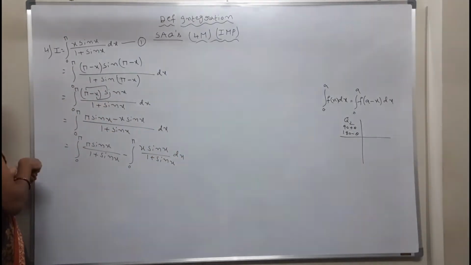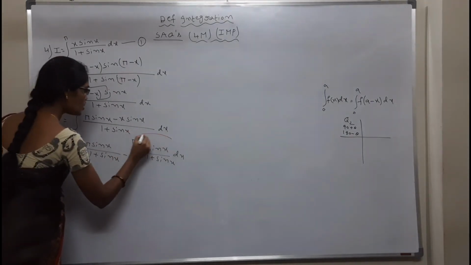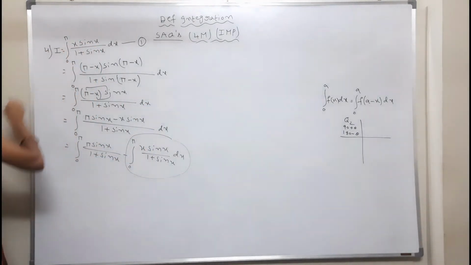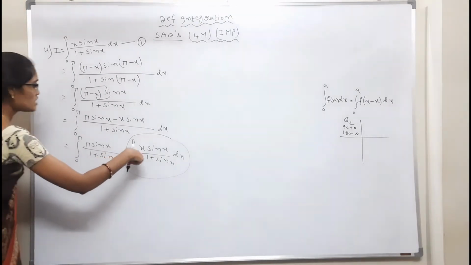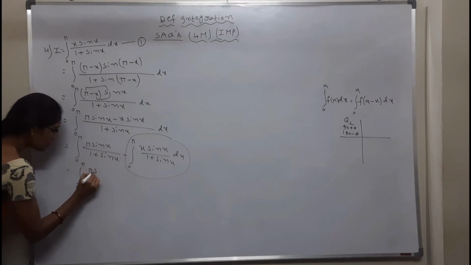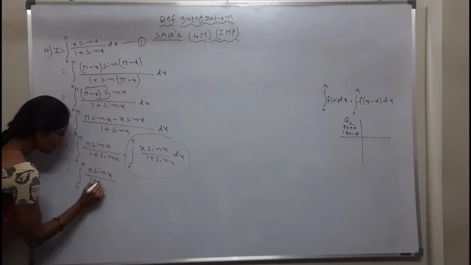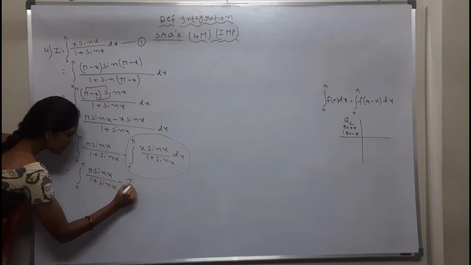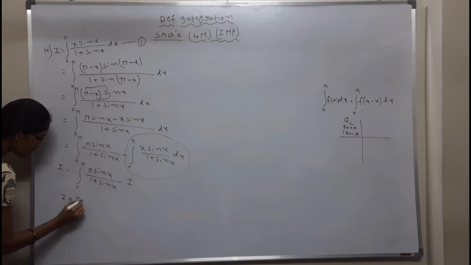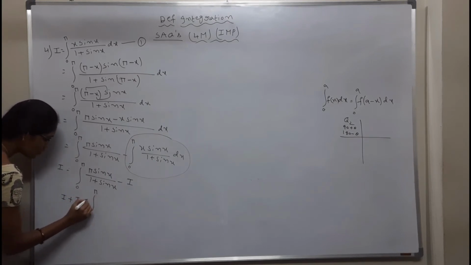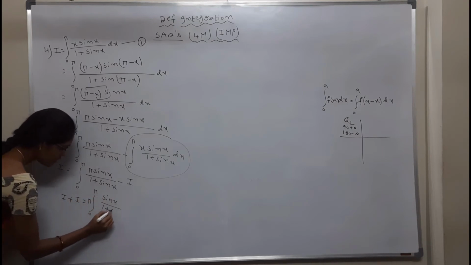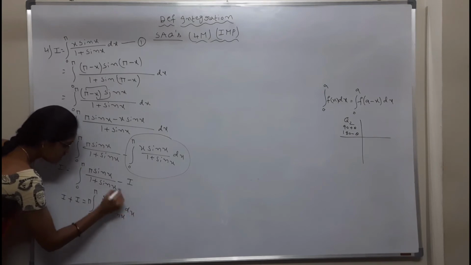See here, this total integral is our question. So our question is consideration I. In this place I am substituting I. So integral 0 to pi sin x by 1 plus sin x minus I. This minus I goes to this side, I plus I is equal to integral 0 to pi, I am writing here, sin x by 1 plus sin x dx.